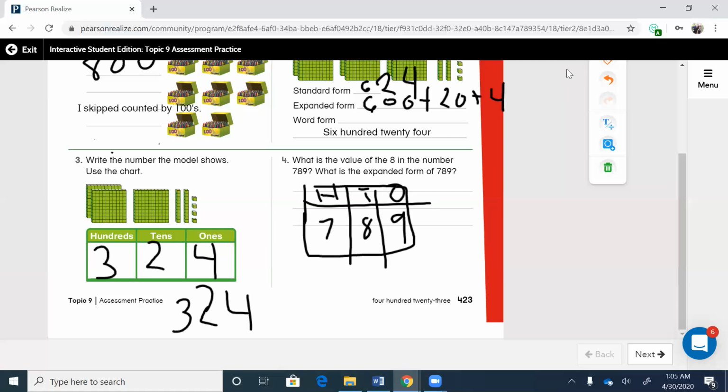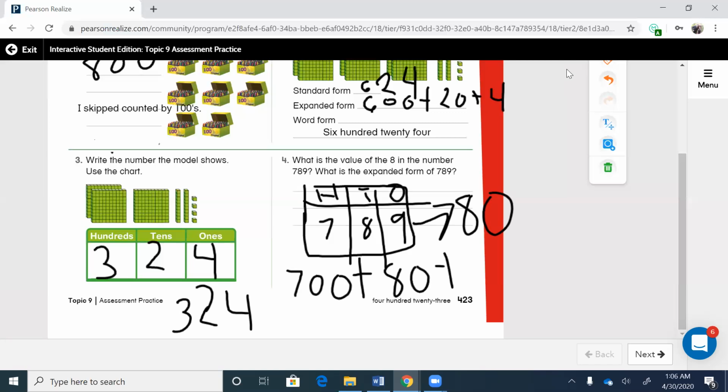Where is it? It's in the middle. That's the tens place. Now we can't just say it's 8. What's the value of it? You have to add the 0. The value is 80. Now, expanded form, start with the hundreds. 700 plus 80 plus 9. And there you have it. So if using that hundreds chart is a great visual for you, just go ahead and draw it, because I think it really helps to see where the numbers are.